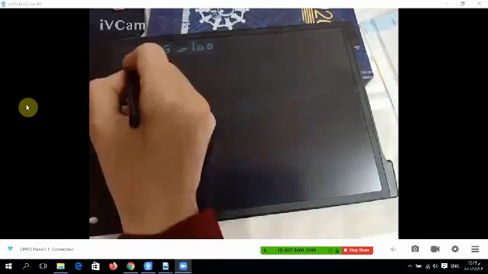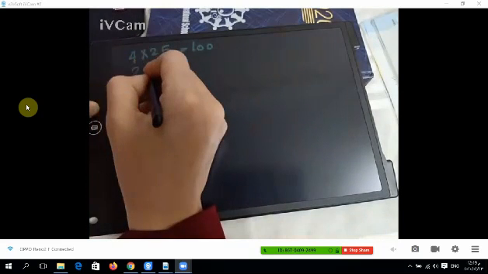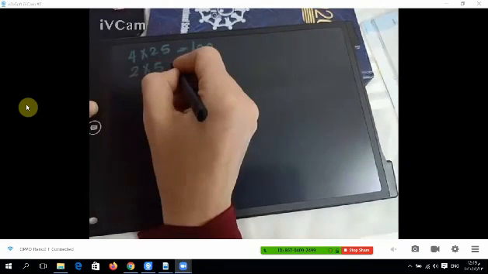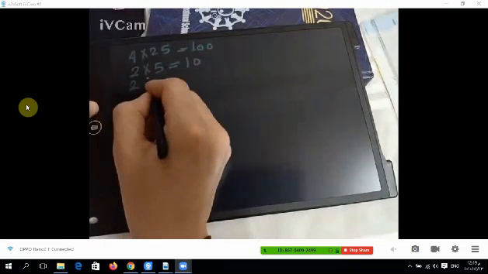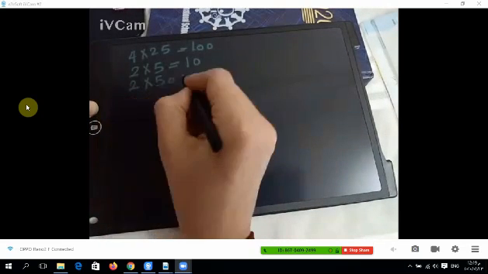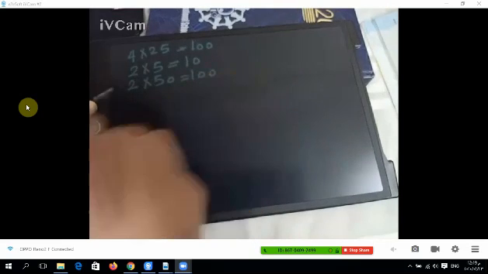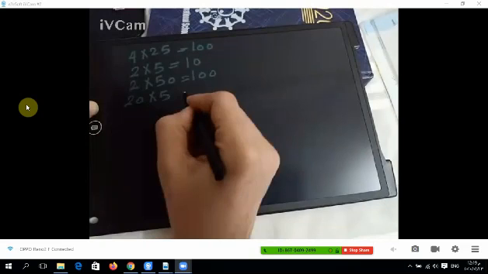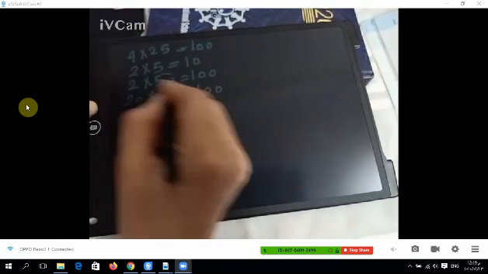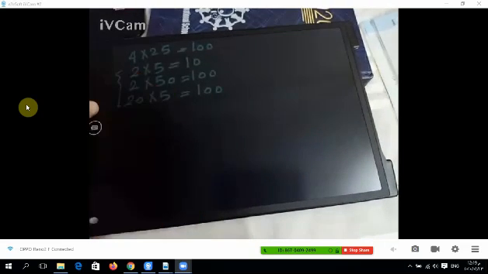And we have also 2 friends, 2 times 5, and this equals 10. Or 2 times 50 equals 100. 20 times 5 equals 100. All of them together here.